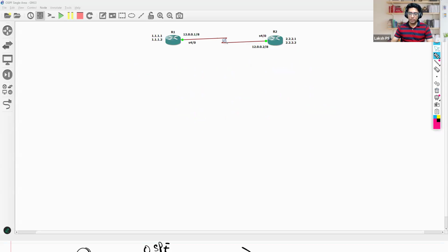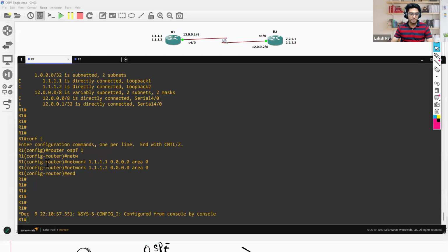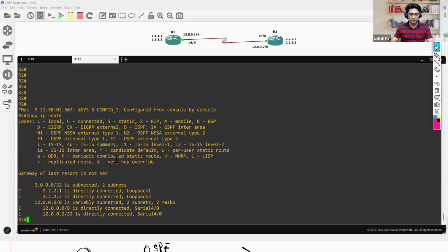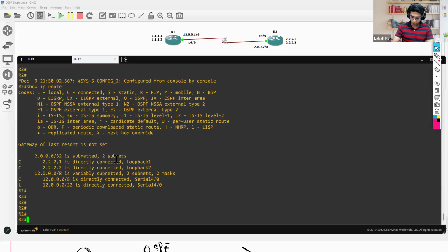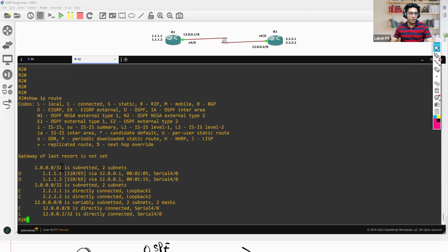To give you a proof, when we advertised 1.1.1.1 and 1.1.1.2, serial 4/0 would have updated R2 with these two networks as well. Let me show you on R2's routing table. Show ip route. Now you will see 1.1.1.1 and 1.1.1.2 on R2's routing table.